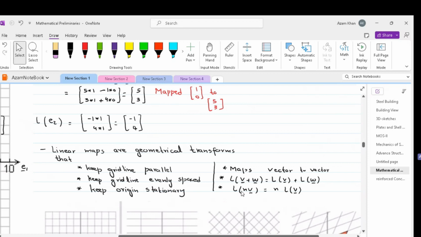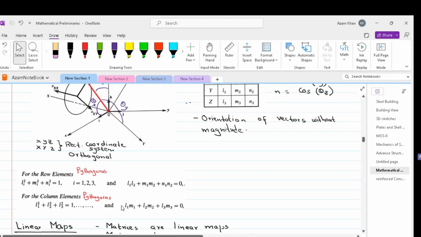That will be equal to first applying the linear map operator onto the vector and then multiplying by the scalar. Because of these two properties of linear map, we use the term linear while defining the map.